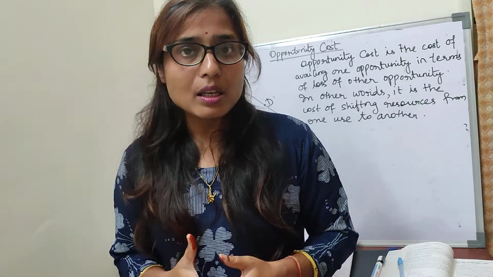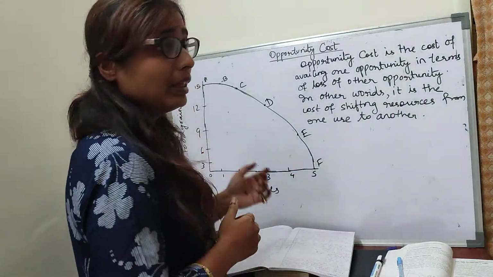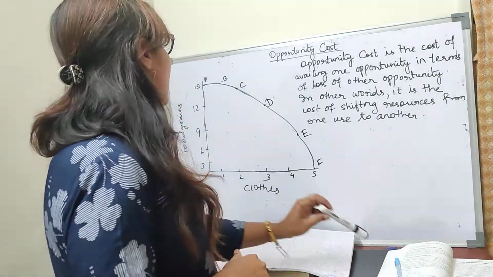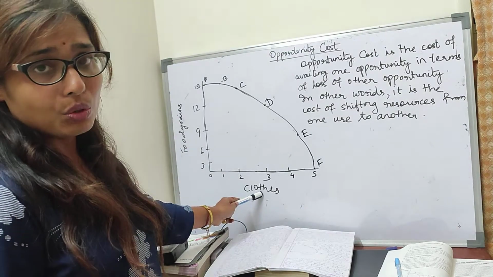Now let us focus more on the opportunity cost with the help of a figure. This figure shows the trade-off between food grains and clothes.